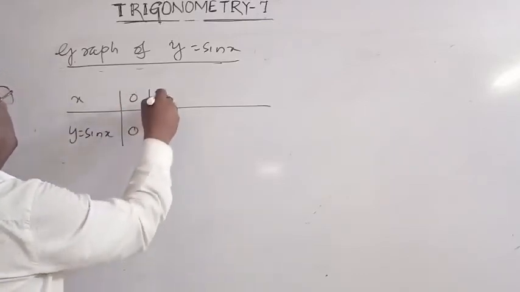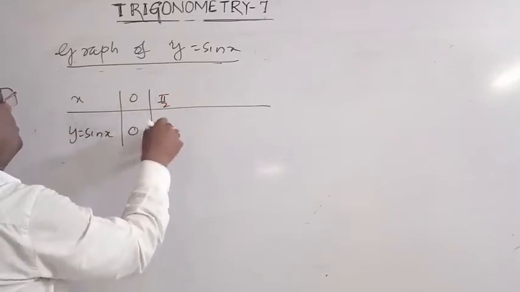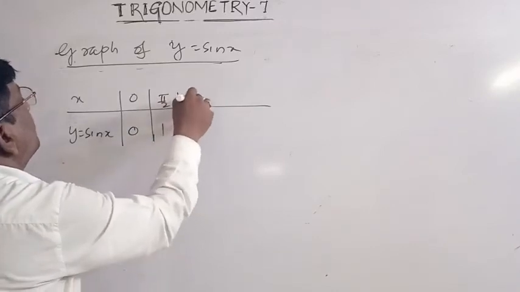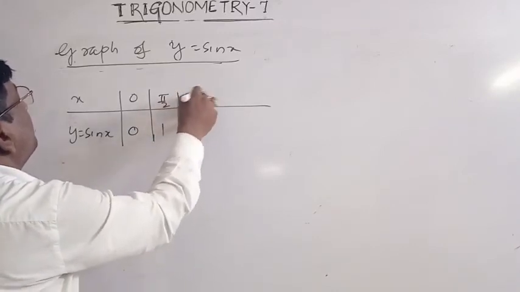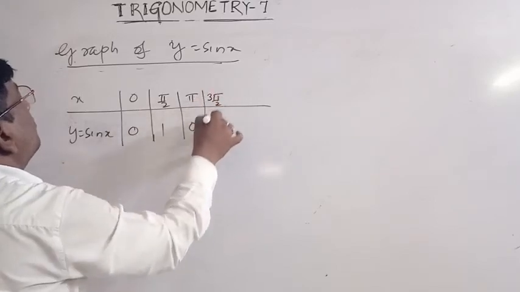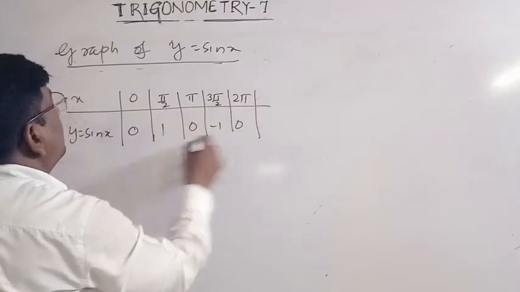sin 30, what is that? Sin 90, that is pi by 2, is equal to 1, and sin pi is 0, sin 3 pi by 2 is minus 1, sin 2 pi is 0.